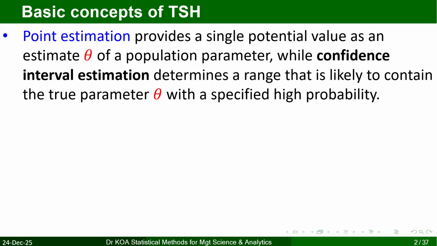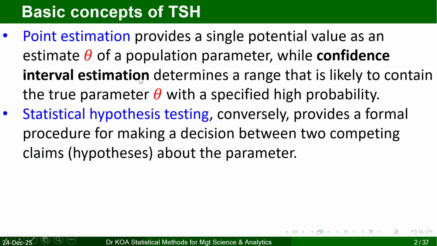A confidence interval is said to be better because it gives you a range that is likely to contain the true parameter of interest, of course, with a certain level of probability of occurrence. So point estimation and confidence interval are two separate things.